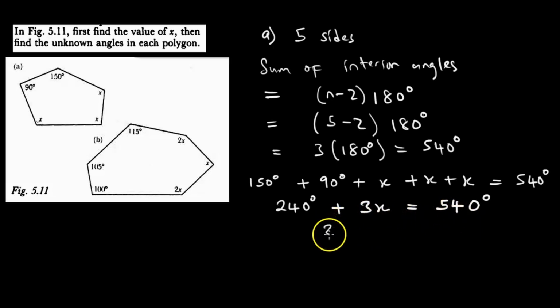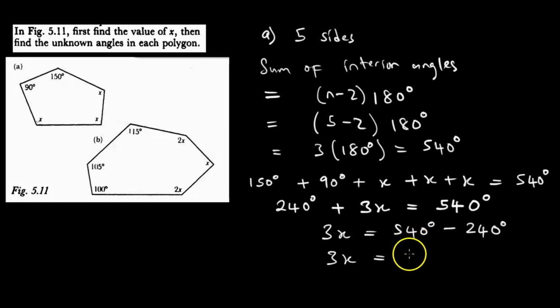So 3x is equal to 540 degrees minus 240 degrees. That means 3x is equal to what? What is 540 minus 240? 300 degrees.